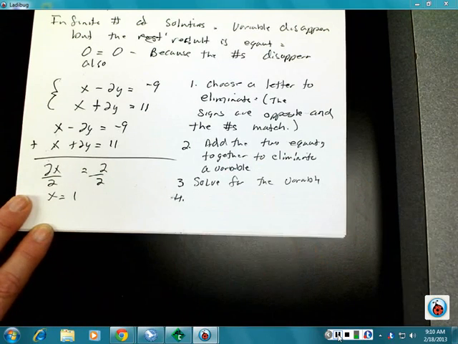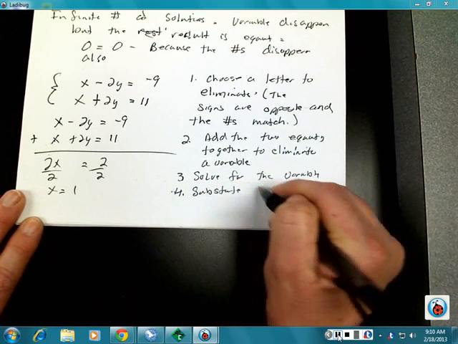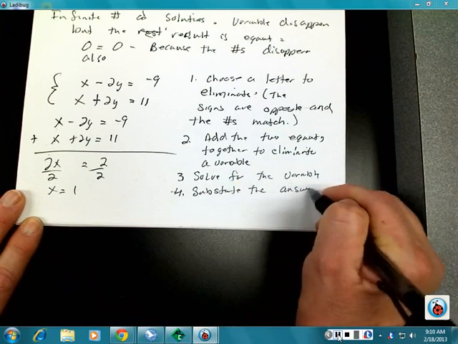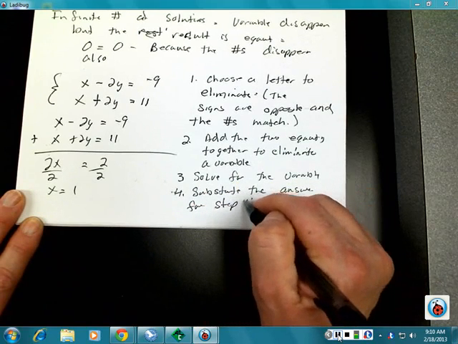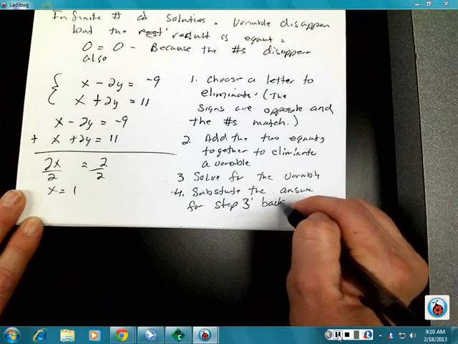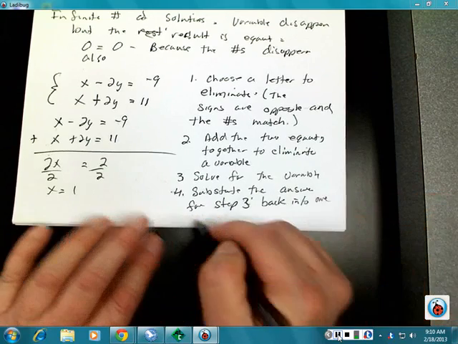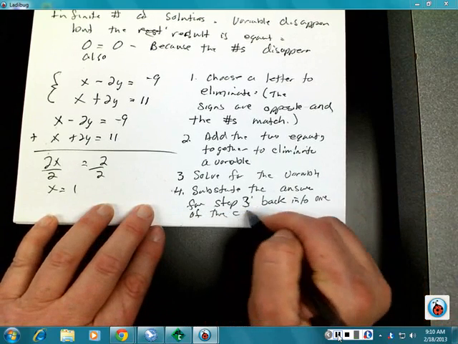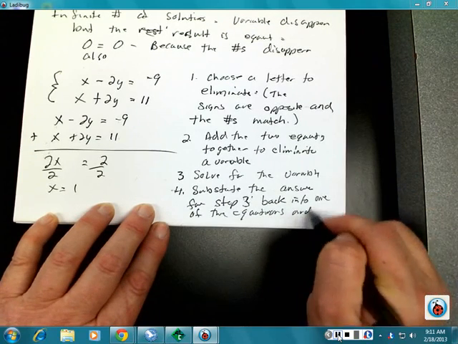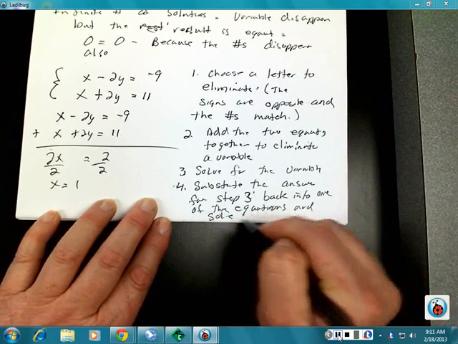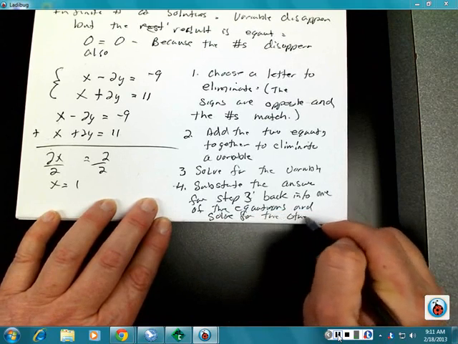And then step 4 is substitute the answer for step 3 back into one of the equations and solve for the other variable.